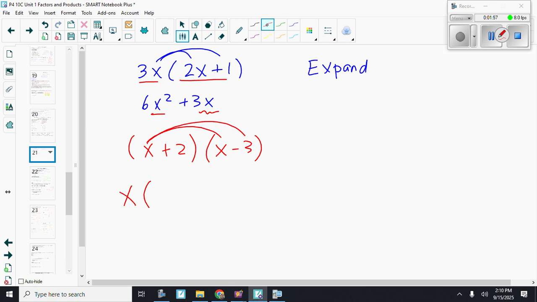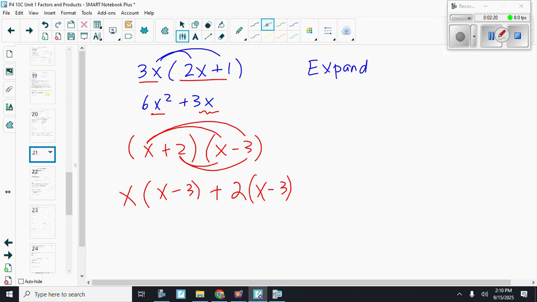We're multiplying x by this whole bracket, and then multiplying 2 by the whole bracket as well. But there's also a method called FOIL that saves us a step in writing out our answer.